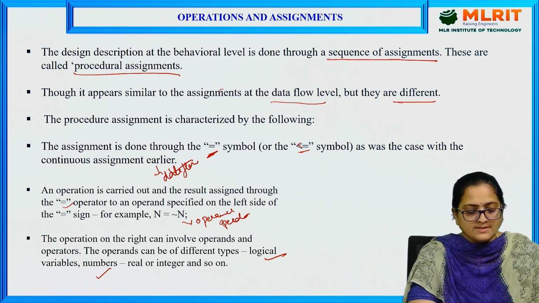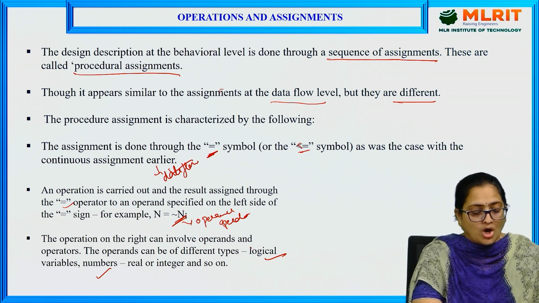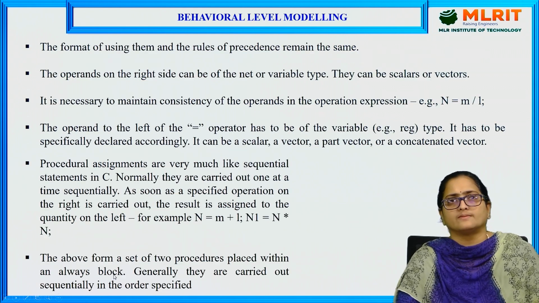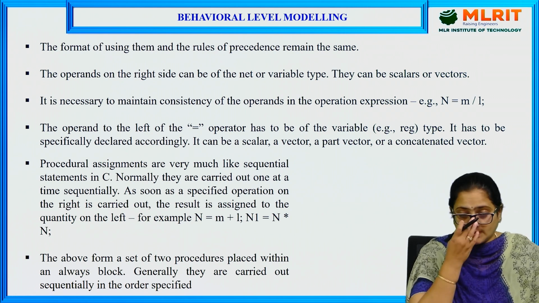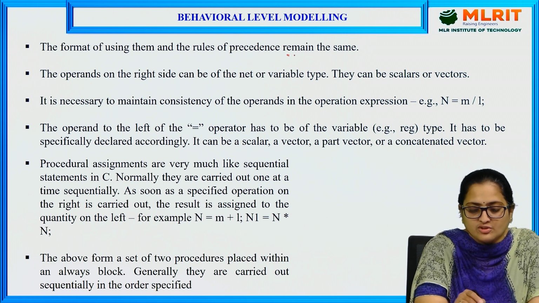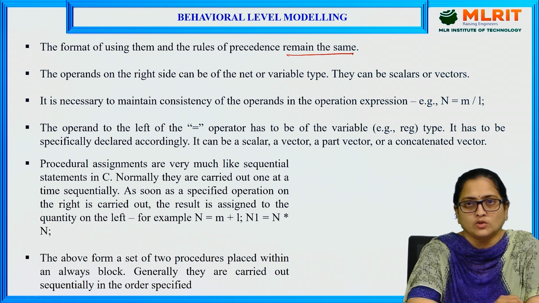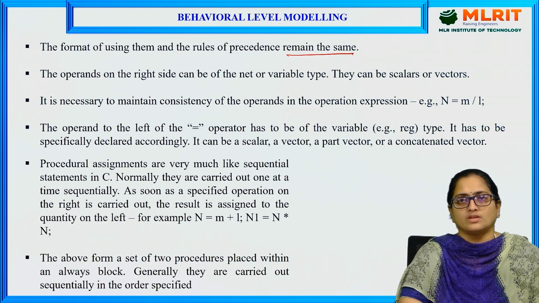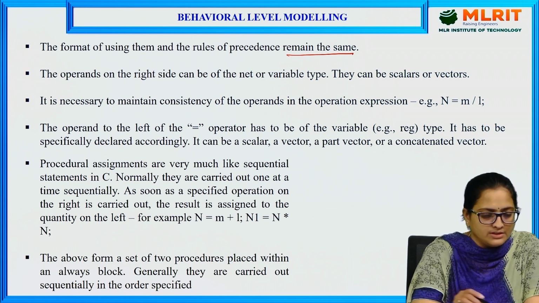The operands can be of different types: logical variables, or numbers which are integers or real numbers. The format of using them and the rules of precedence remain the same. That is, the format of using the number systems or the format of using logical variables will remain the same for this procedure.